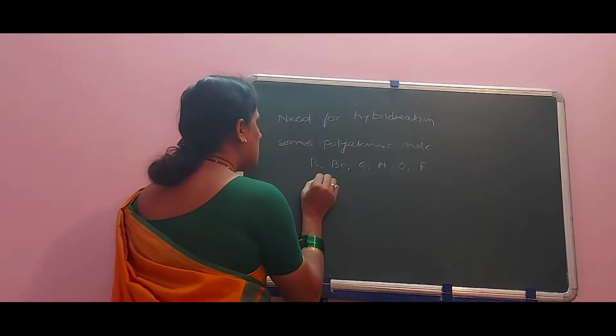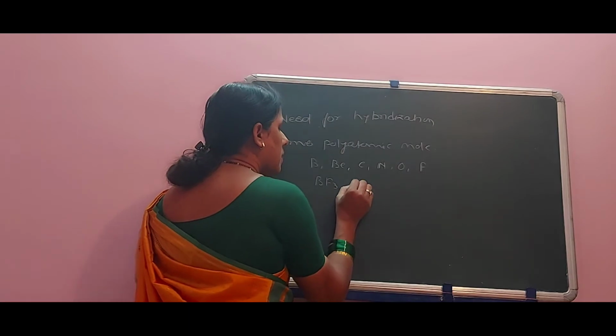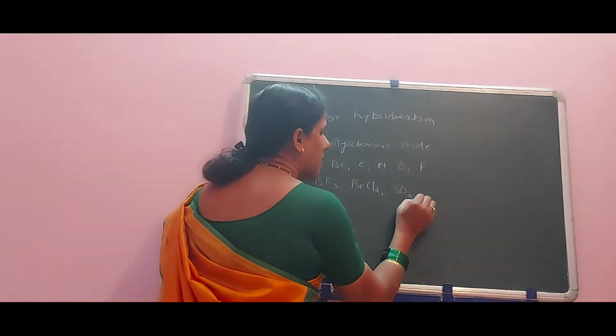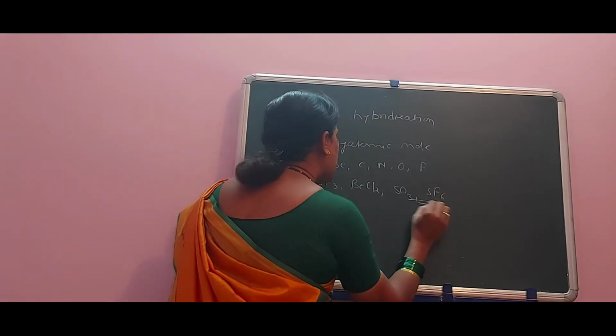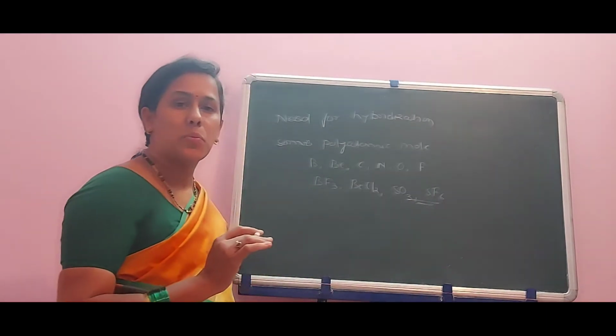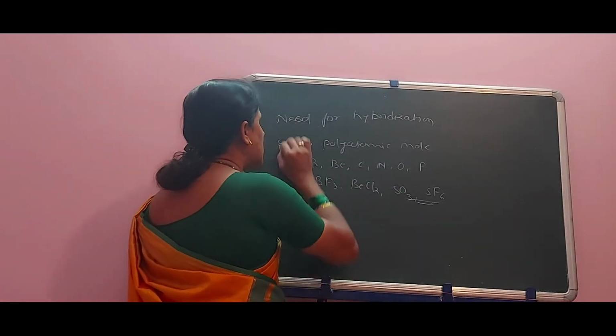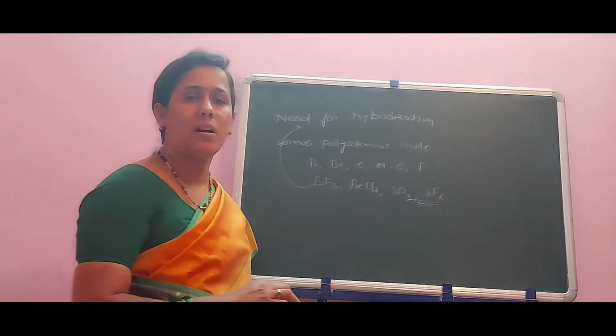For example the formation of BF3, BeCl2, then SO3, SF6. This formation we can't explain with the help of the old theories. Therefore, the new concept arises, known as hybridization.